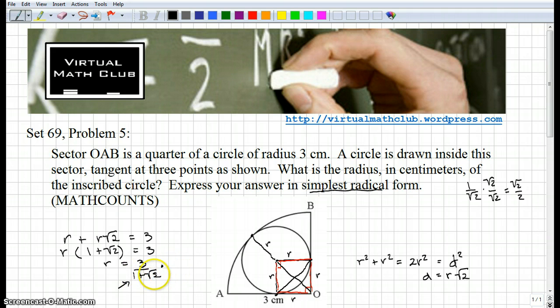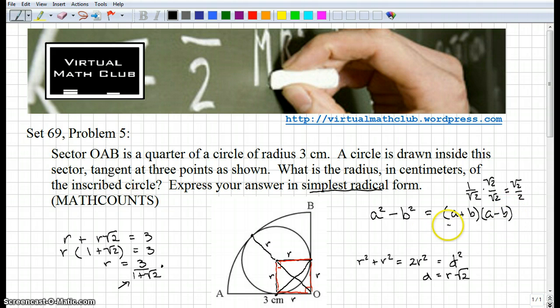So the trick is to multiply by the conjugate. First of all, let me give you a little bit of background. There's a special factorization when you have the difference of two squares. You can factor that into a plus b times a minus b.